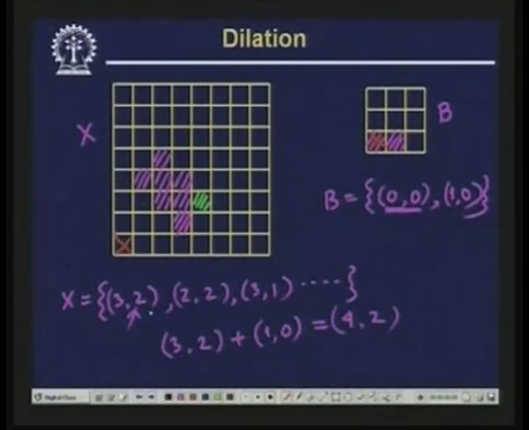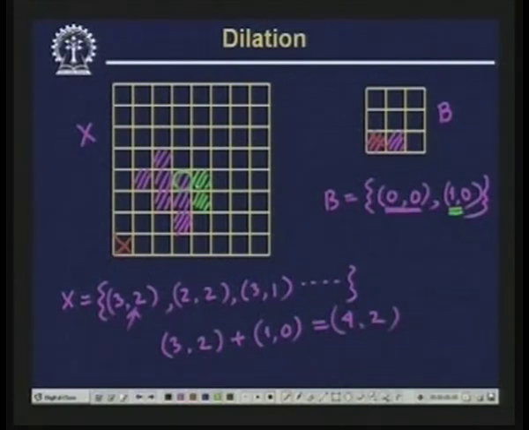Now, 3, 2 is already a member of X, so this point remains a member of X dilation with B. If I consider this point 3, 3 and add to this the vector 1, 0, then my resultant vector becomes 4, 3. This is also a member of X dilation with B.